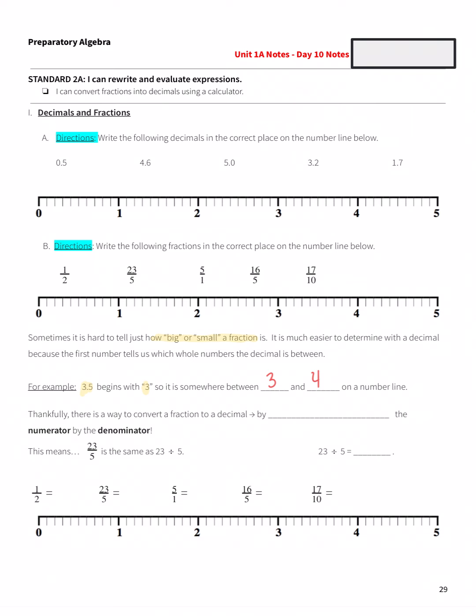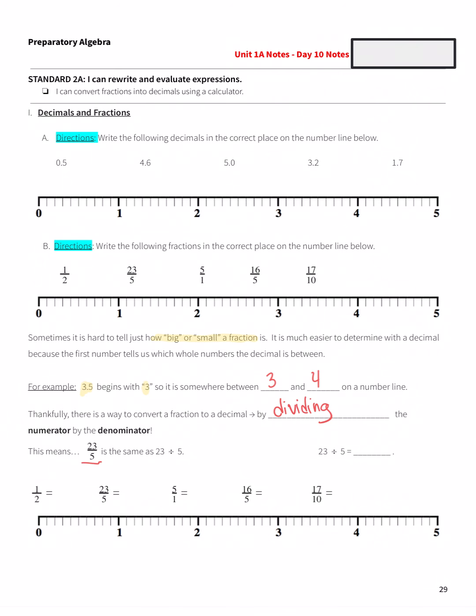We divide the numerator by the denominator. So how do we do it? By dividing the numerator by the denominator, and we'll just put that in there. How do we convert a fraction to a decimal? By dividing the numerator by the denominator. So what that means is we have our 23/5 right here.